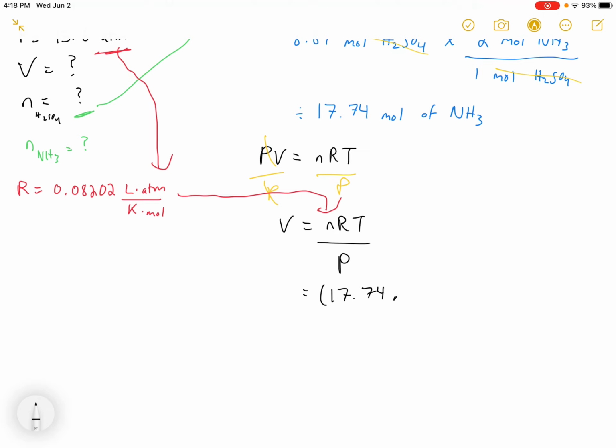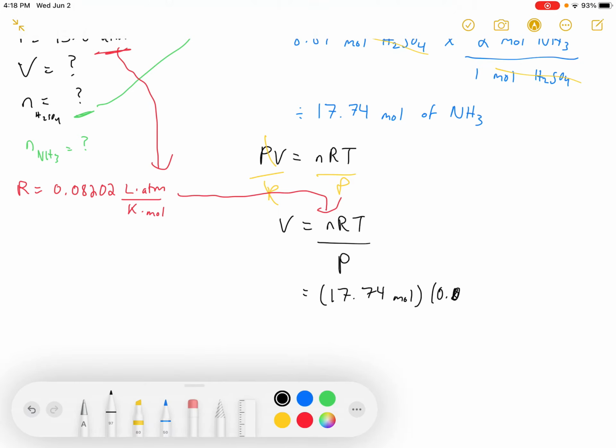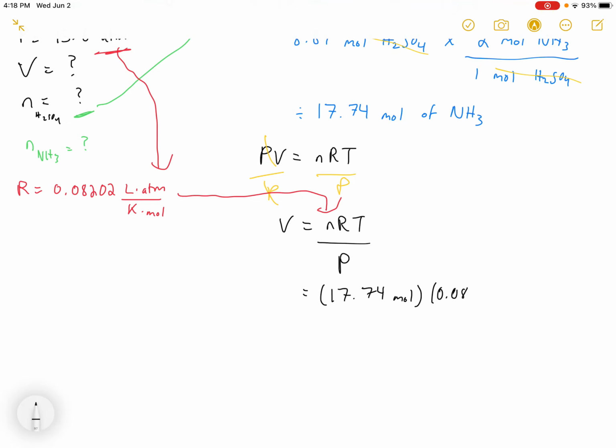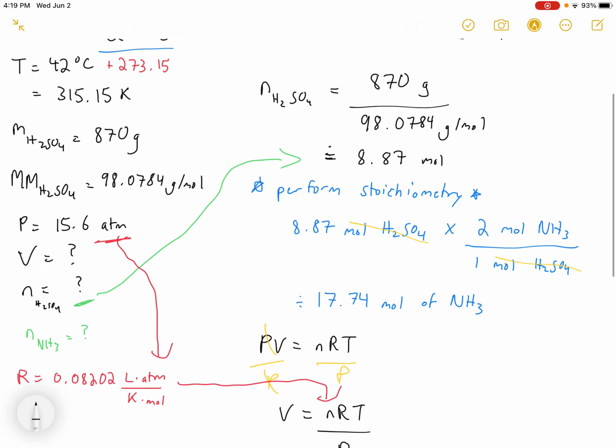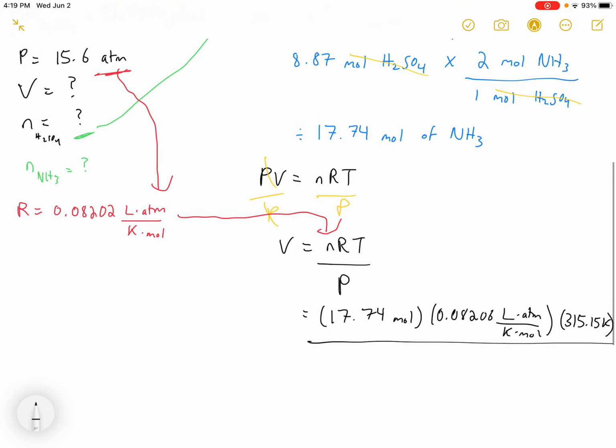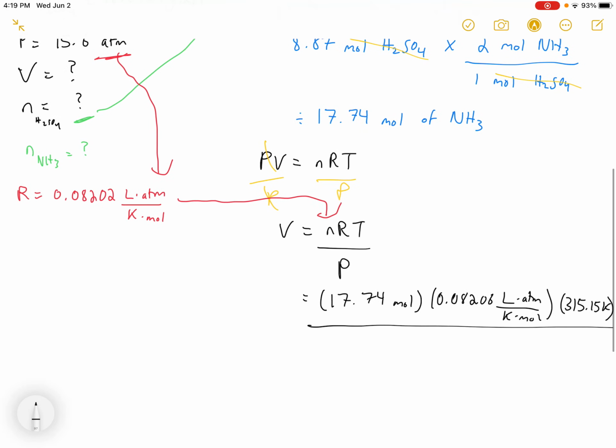So 17.74 moles of ammonia multiplied by that gas constant, 0.08206 liter atmosphere per Kelvin mole, times what was our temperature, 315.15 Kelvin, and then divided by the pressure, which was 15.6 atmospheres.